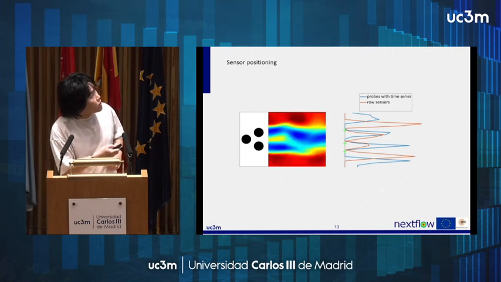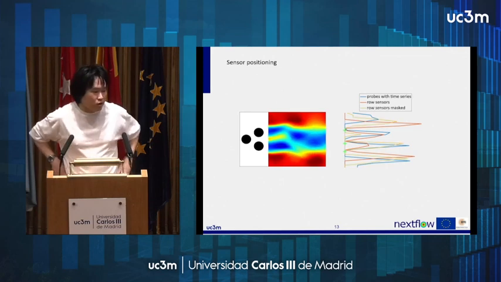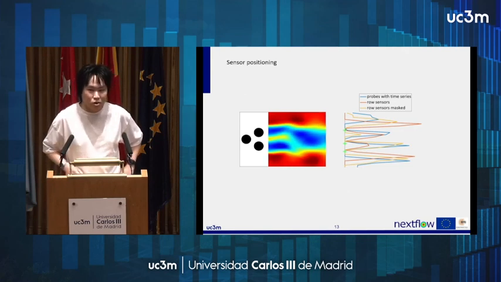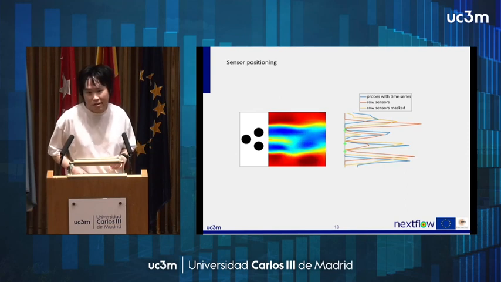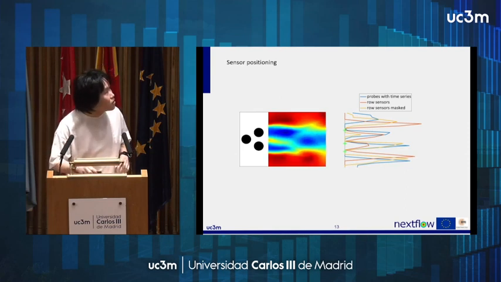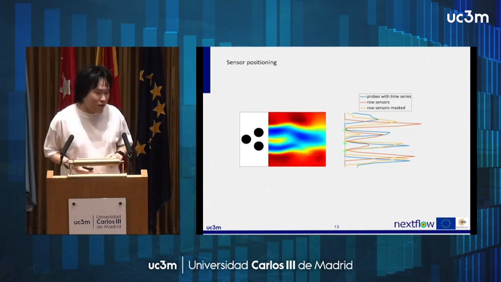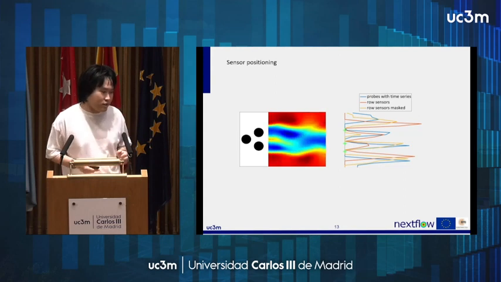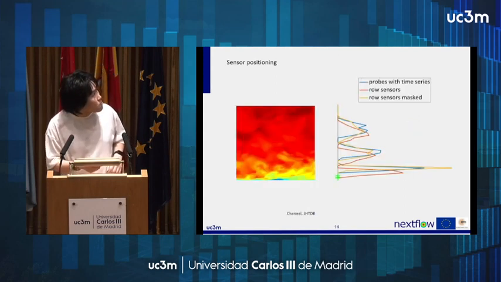By introducing the third type of probe, we can see the peak of the raw sensor mask is closer to the probes with time series which we use in the measurement, so we can consider the raw sensor mask a better surrogate of probe with time series compared to the one without masking.